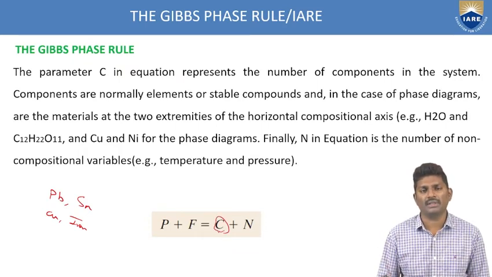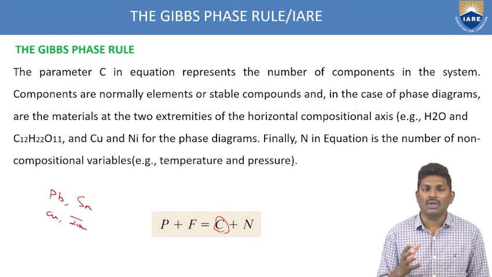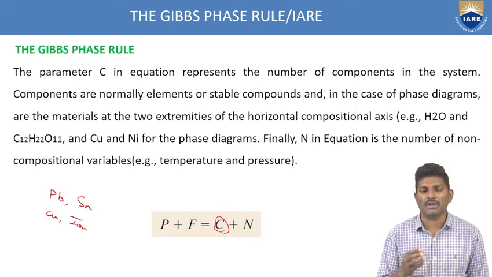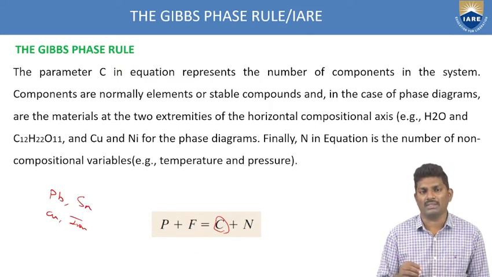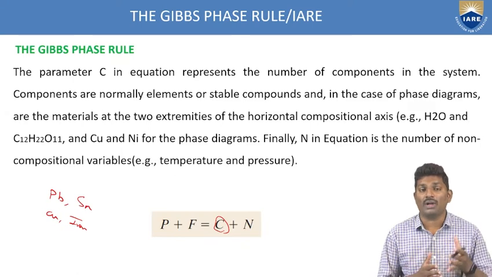So in the Gibbs phase rule, the other component we have is C. C represents the number of components in the phase diagram. Depending upon the number of components, we can easily identify the composition of each component at each temperature.